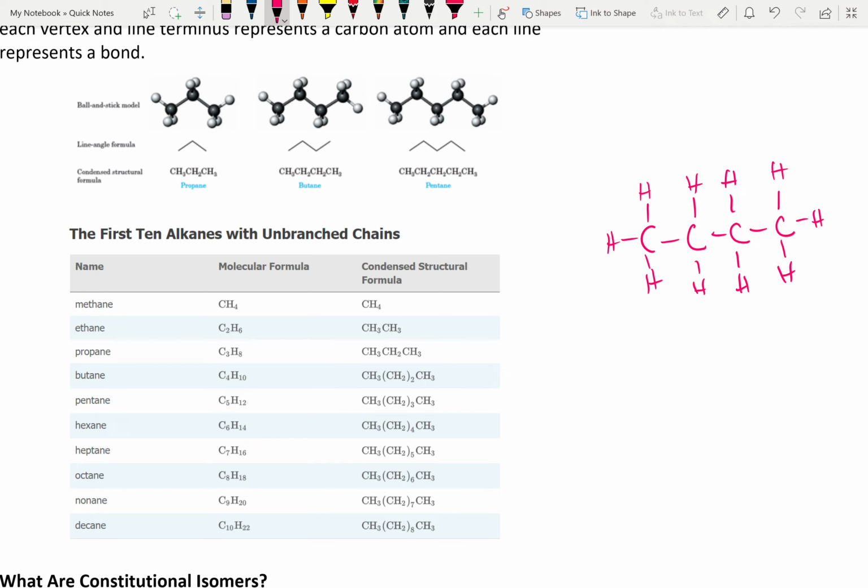What you see here is that the middle 2 carbons are the same, right? That's carbon bonded to 2 hydrogens. That's where you see in a short version written here CH2 sub 2. So we have 2 CH2 groups, and then we have the CH3 on both sides.